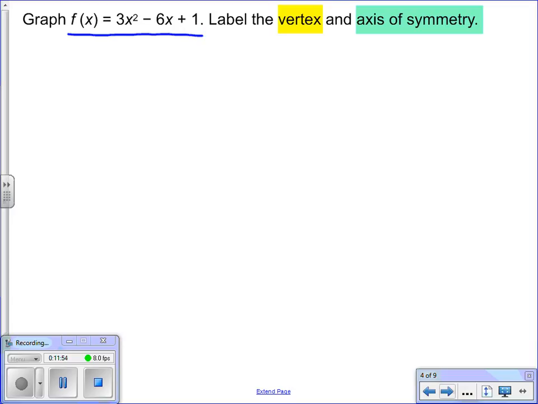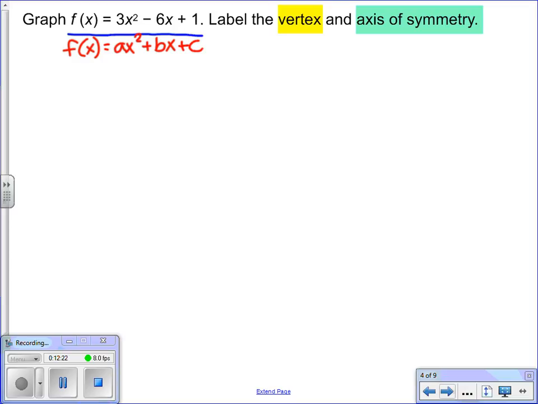Just like we did yesterday, if you're feeling a little bit like you're not certain how everything works in a function, feel free to write the standard form either above or below your current f of x. So I'm going to write f of x equals ax squared plus bx plus c. And as long as you've got everything in the right order, you'll immediately know what a, b, and c are.